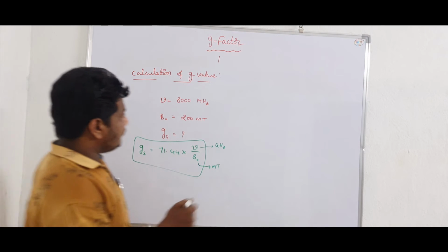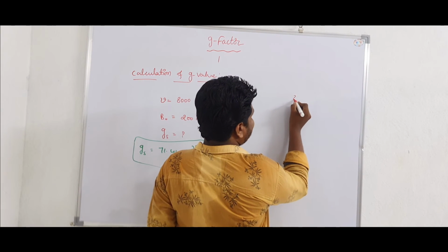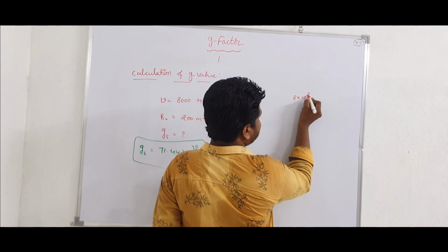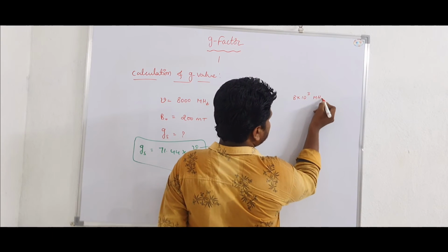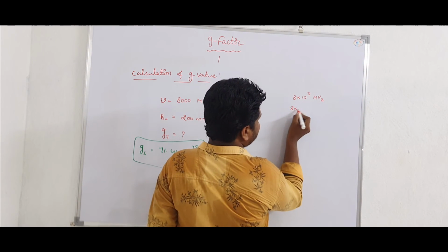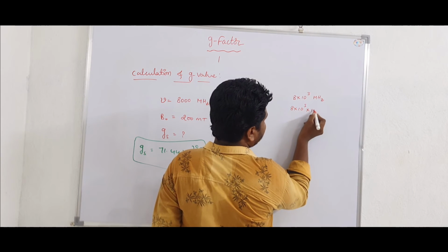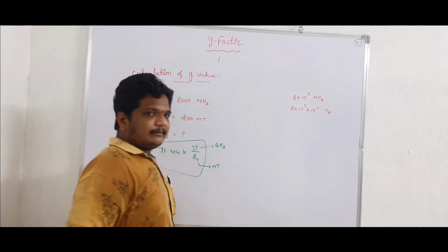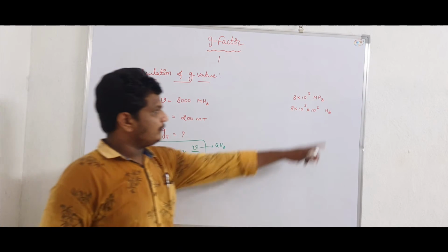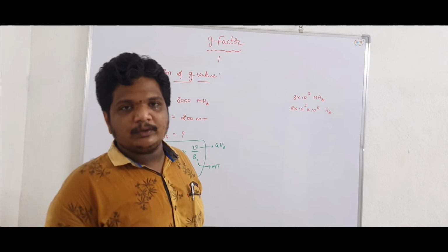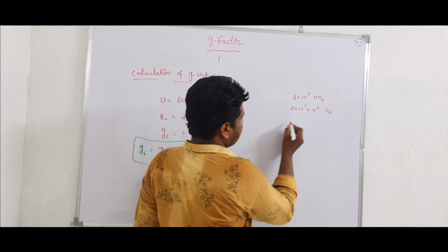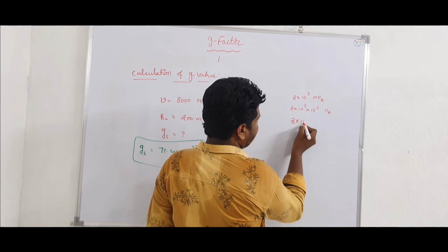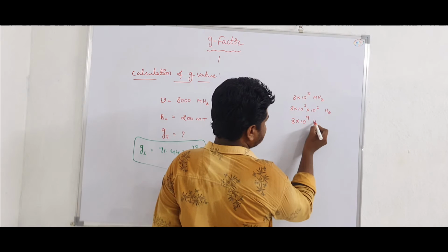We know that this can be written as 8 into 10 power 3 megahertz, so 8 into 10 power 3 into 10 power 6 hertz. We are multiplying with 10 power 6 in order to convert megahertz into hertz. So it is 8 into 10 power 9 hertz.